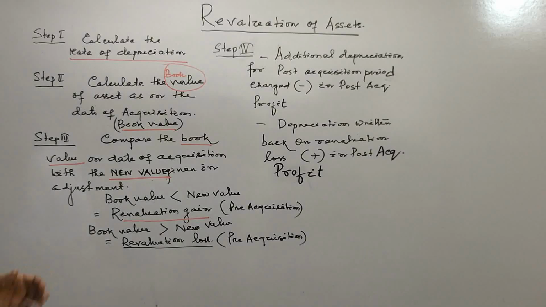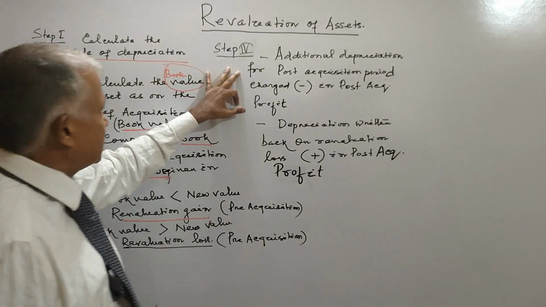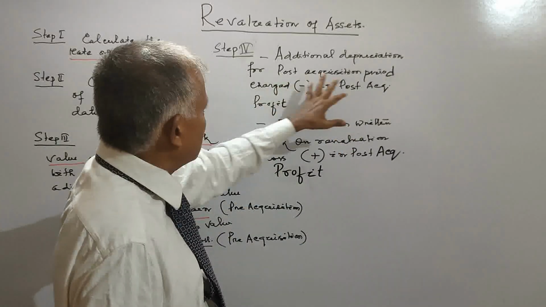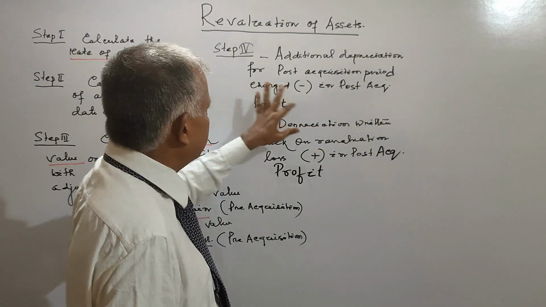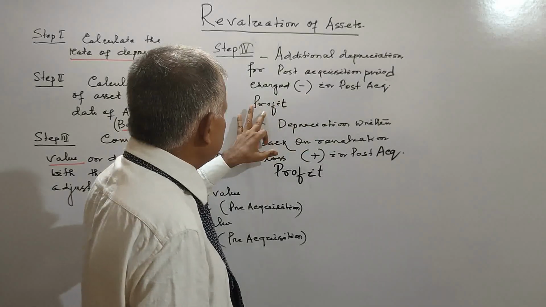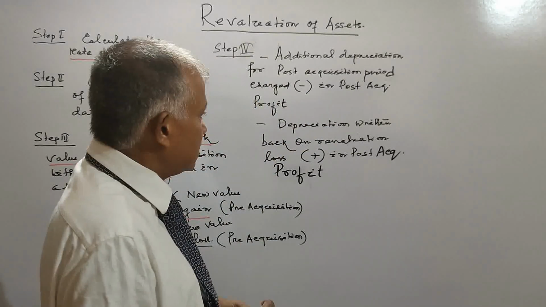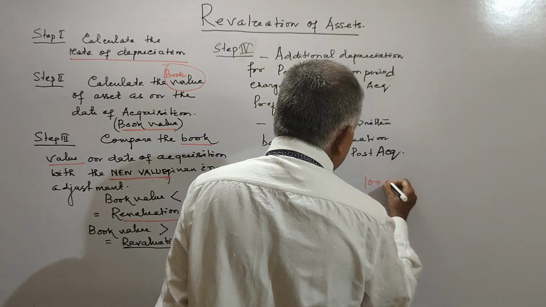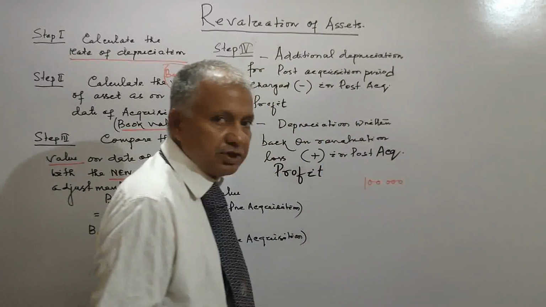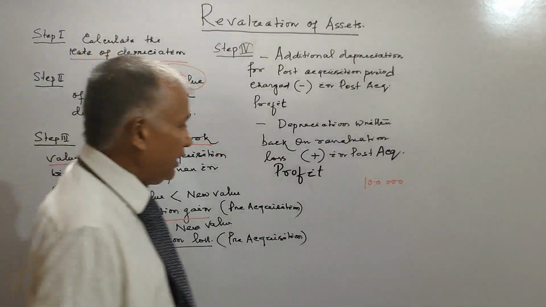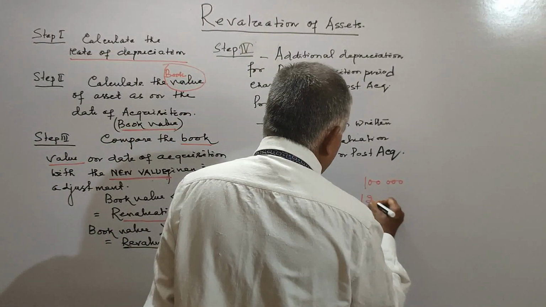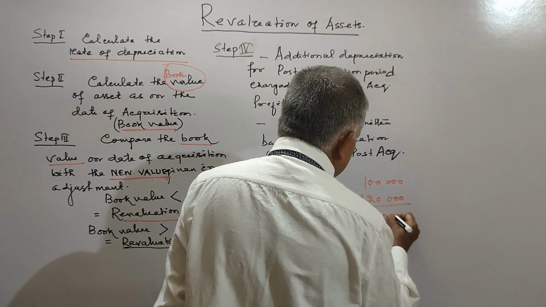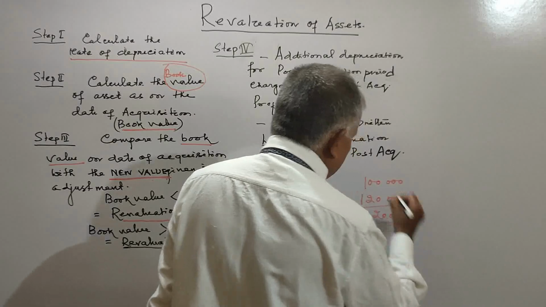Then we will come to the fourth step: additional depreciation for post acquisition period is charged in post acquisition profit. Suppose the value of the asset is 1 lakh as on the date of acquisition, and new value is 1,20,000. So 20,000 is the revaluation profit.